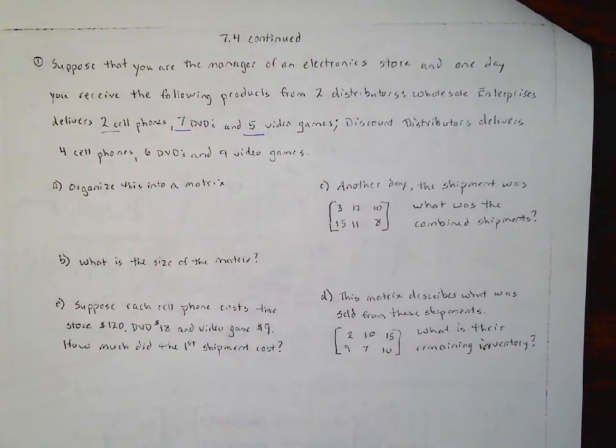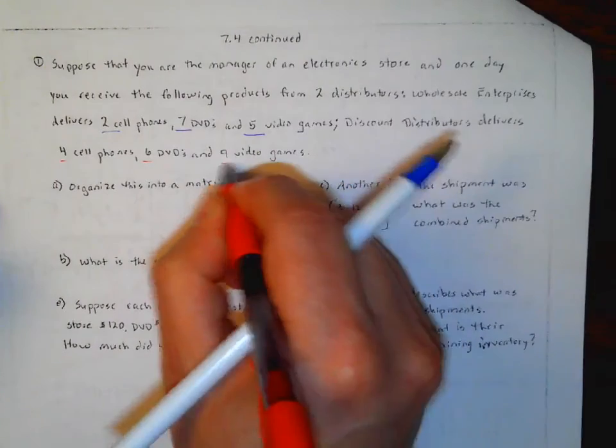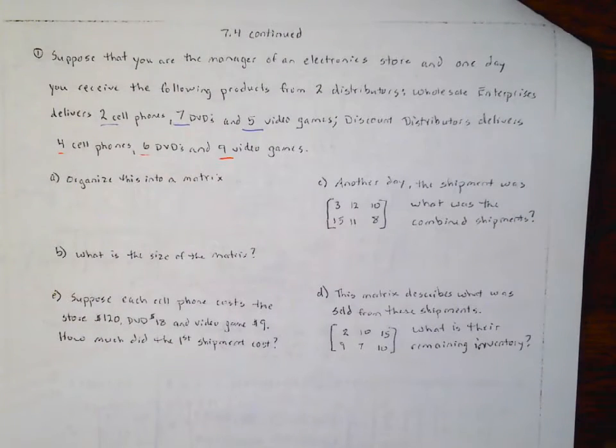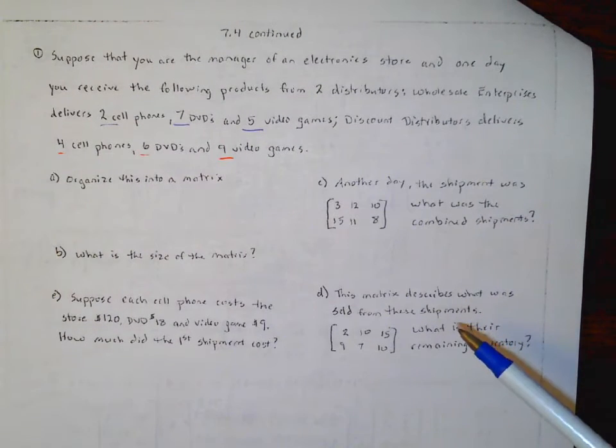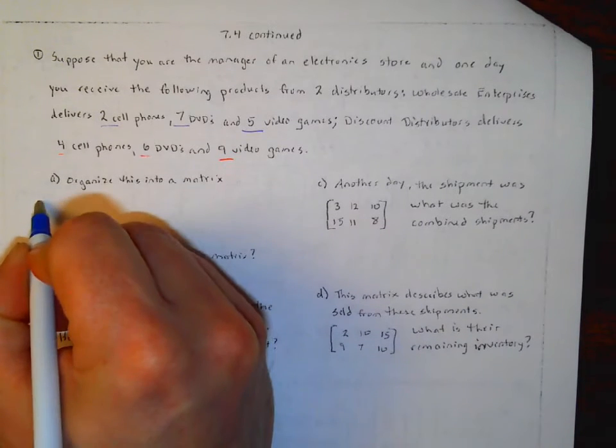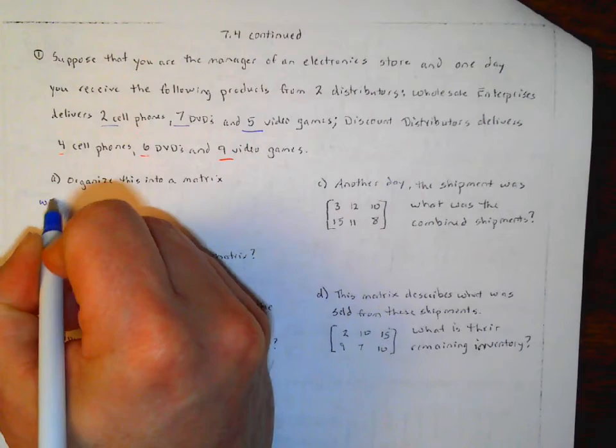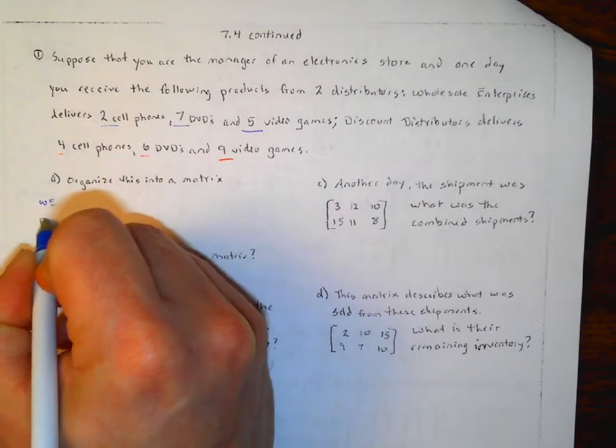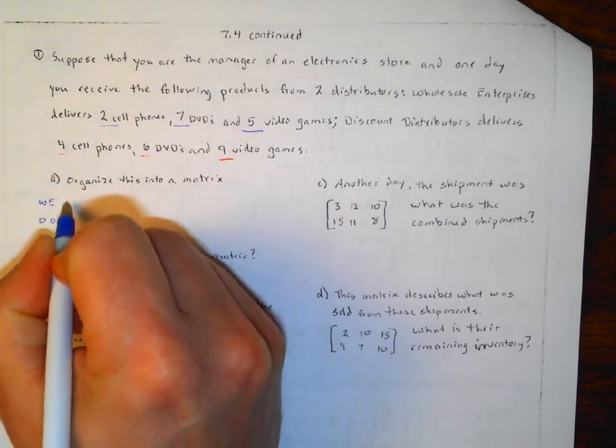And then the other place, Discount Distributors, has 4 cell phones, 5 DVDs, and 6 video games. Okay, so let's organize this into a matrix here. Let's do Wholesale Enterprise on the top, and we'll do the Discount Distributors on the bottom here.